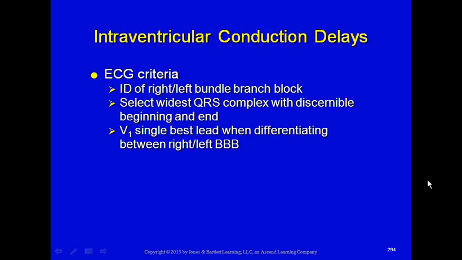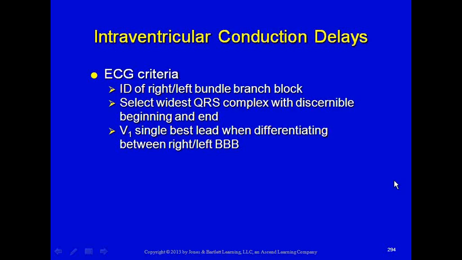It's important for us to be able to identify whether we're dealing with a right bundle branch or a left bundle branch, because a left bundle branch block in the presence of ischemic complaints, somebody complaining of heart-related chest discomfort, and you hook them up on a 12 lead and they've got a left bundle, that's highly suspicious for infarct. So in determining a bundle branch block, you want to select the widest QRS complex that has a beginning and an end.